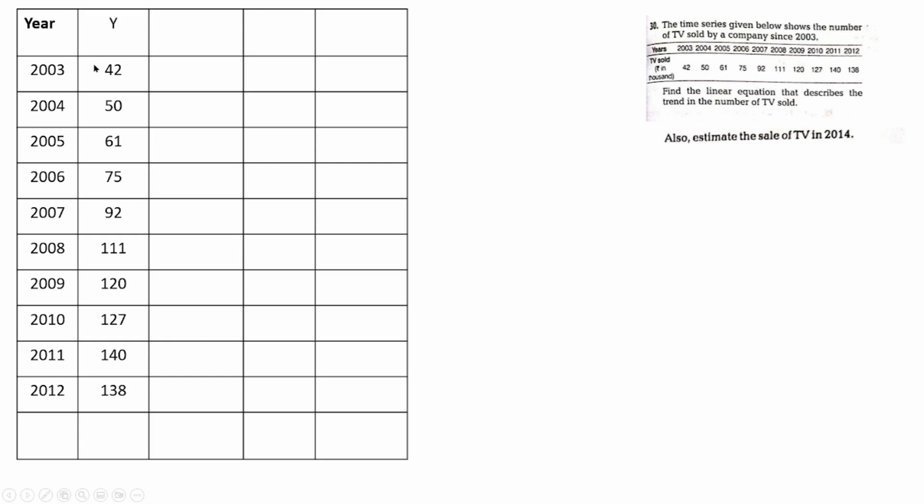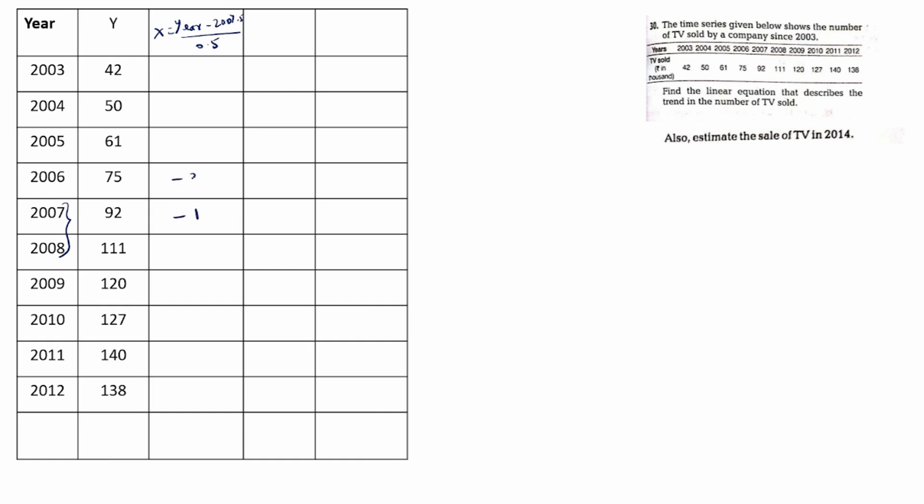So here we have year and then y, and then x as year minus 2007.5, then divided by 0.5, since the number of years is even and we shift the origin to 2007.5. For 2007 we get x as 2007 minus 2007.5 upon 0.5, so minus 1.